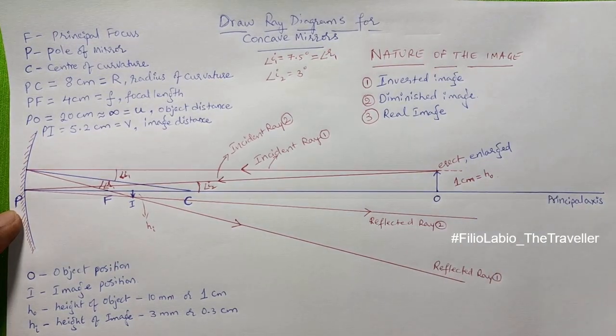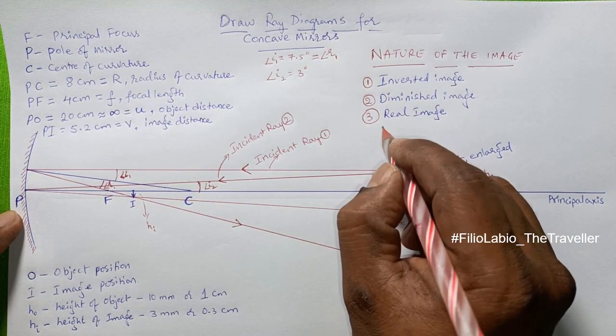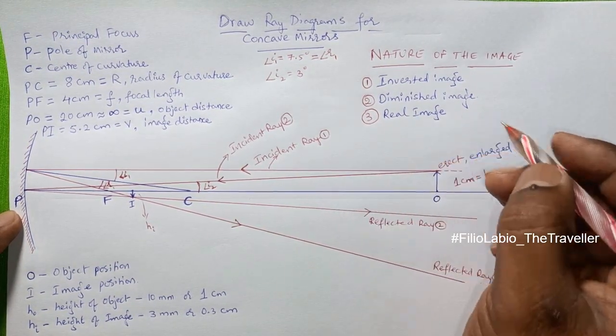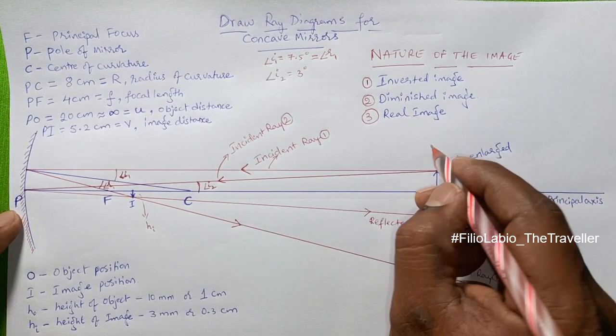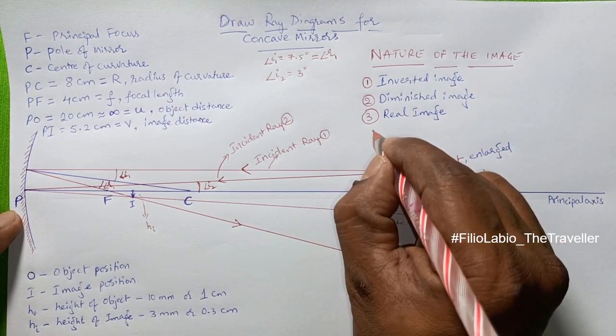Then what is the position of the object and the position of the image?